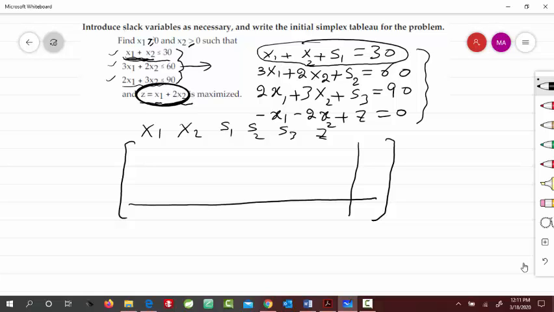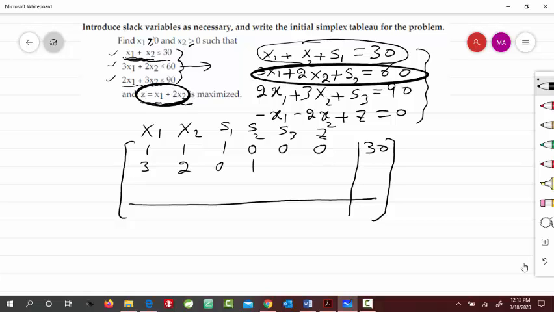Under x1 the coefficient is 1, x2 has 1, s1 has 1, s2 is not there so we put 0, s3 is not there so we put 0, z is 0, and then 30. Similarly, from the second equation, we write the coefficients and constant: 3, 2, s1 is not there so I replace it with 0, 1, 0, 0, and 60.